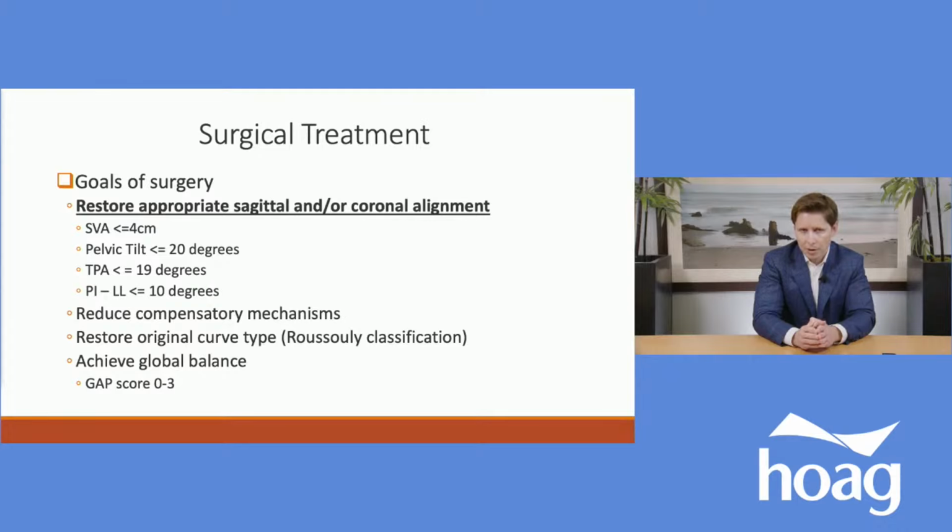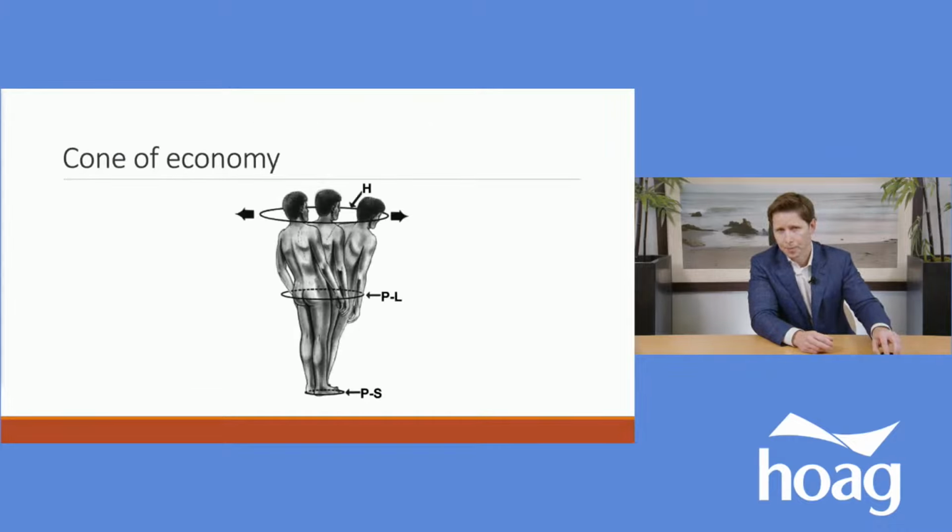These here are broken down into numbers, but really what this is telling us is that we are trying to reposition the head over the pelvis according to the patient's age and their pelvic morphology. We also are trying to reduce the compensatory mechanisms that the patient will have to call upon, and we're trying to restore their normal curve type and achieve a global balance as defined by the GAP score. So this slide again breaks that down to what I just described.